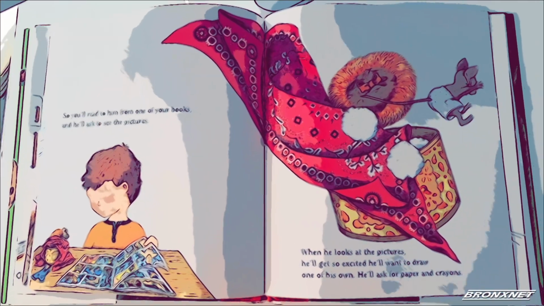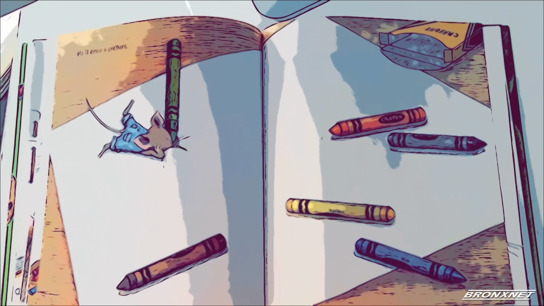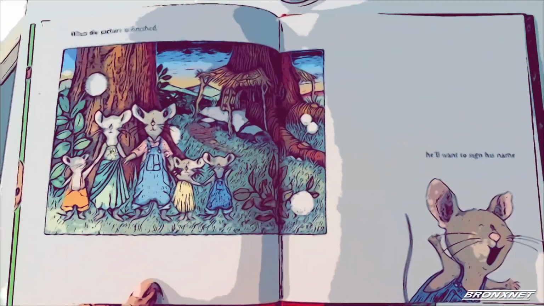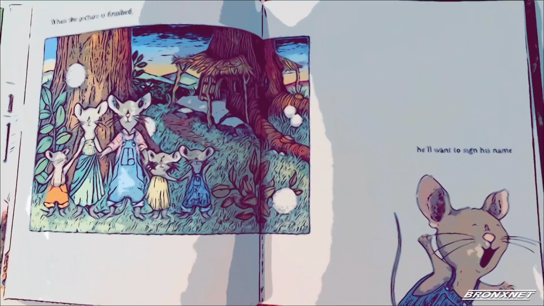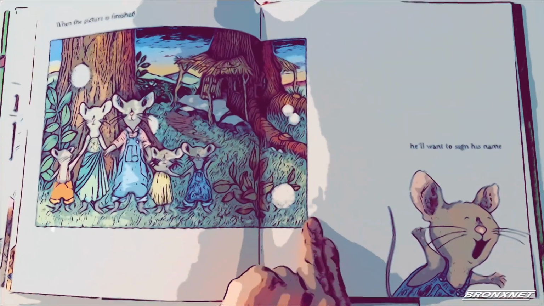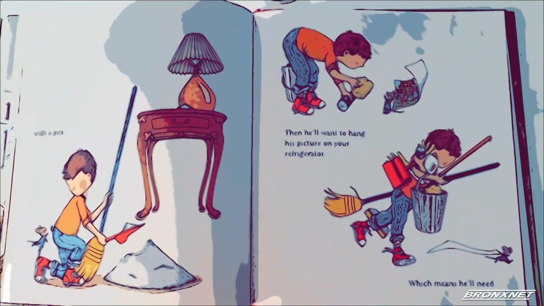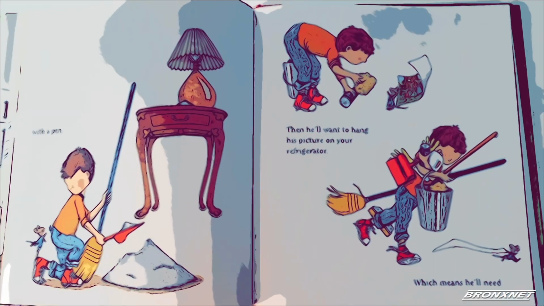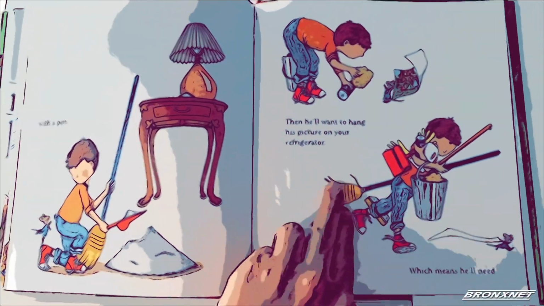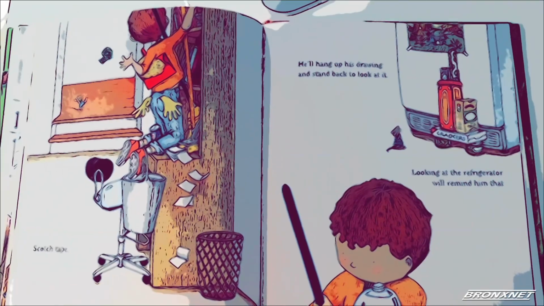He'll ask for paper and crayons. He'll draw a picture. When the picture is finished, he'll want to sign his name with a pen. Then he'll want to hang his picture on your refrigerator, which means he will need Scotch tape.